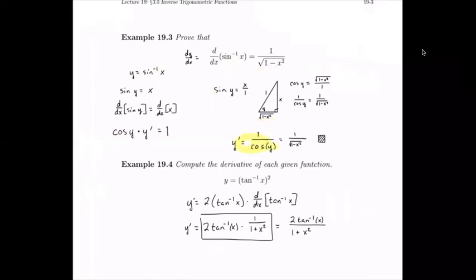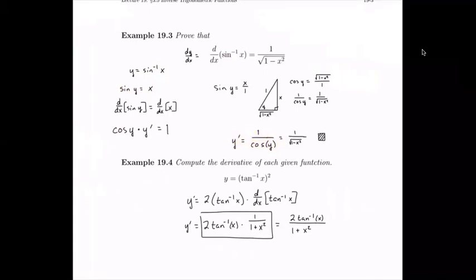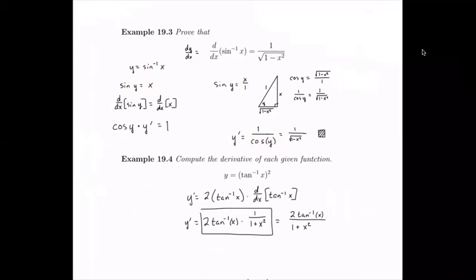We realize, okay, I need to figure out what cosine of y is, and I know that y is related to x in this way or this way, but the more useful piece of information is this one, because we know that this side is x over 1, right, as a ratio. So sine of y is x over 1 here. So opposite over hypotenuse, and we have this same triangle, opposite x, hypotenuse 1.